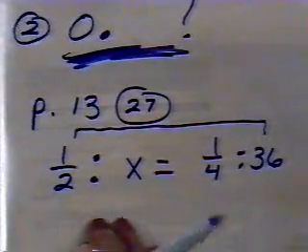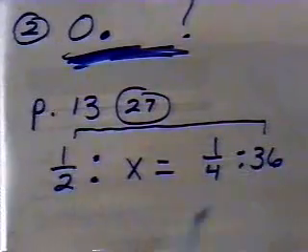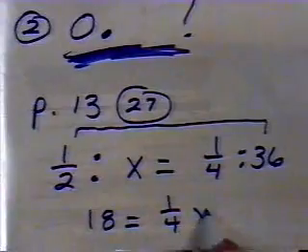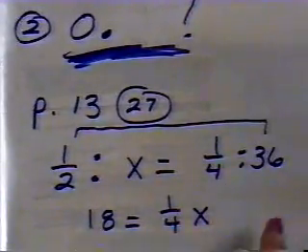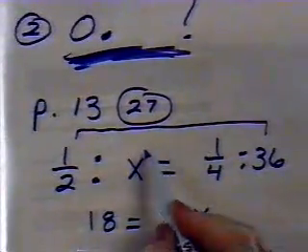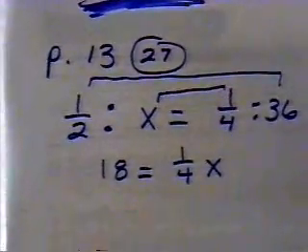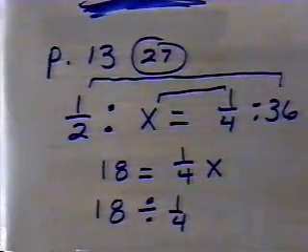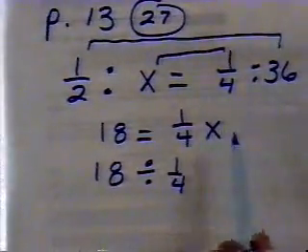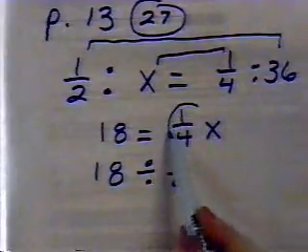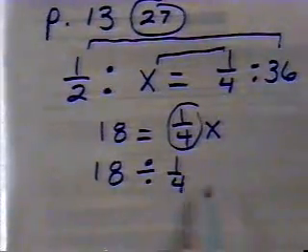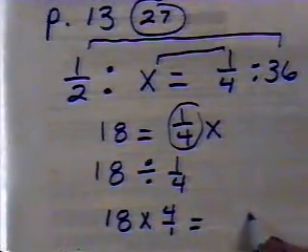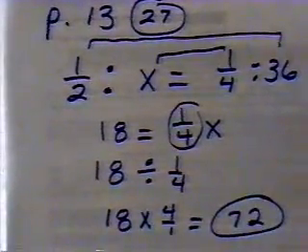If you need to, write it down, do the arithmetic. But what is 1/2 of 36? Equals 1/4 x. The outside is 1/2 times 36 equals 1/4 x. Then it's 18 divided by 1/4. You always divide by the number on X. The number on X is after the division. So it's 18 times 4 over 1, 72.